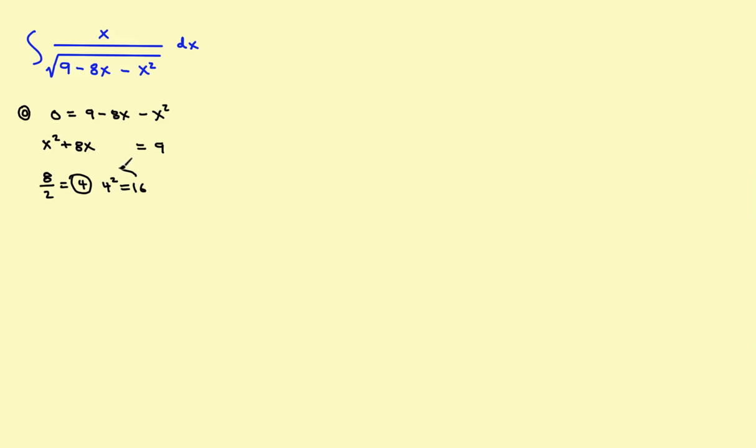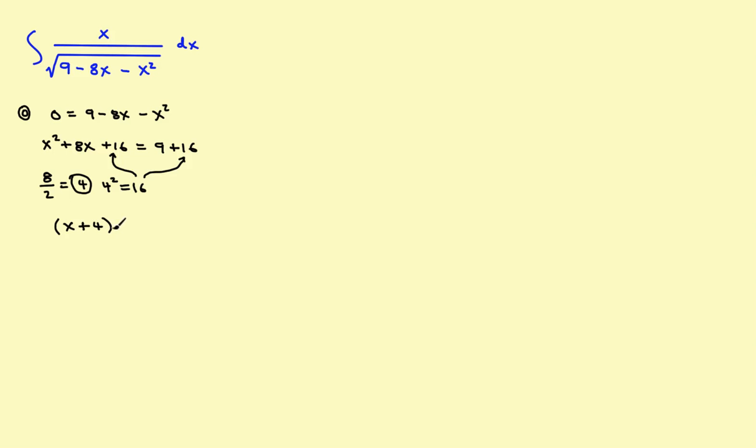And then you take the 16 and you add it to both sides. So we'll add a 16 to this side. And to make up for that, we'll go ahead and add a 16 on this side. So add a 16 to both sides. Now that will allow you to write this as something squared. So what would be x, and again, whatever's in this circle will be inside the parentheses.